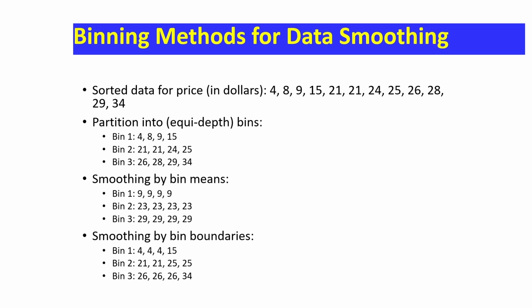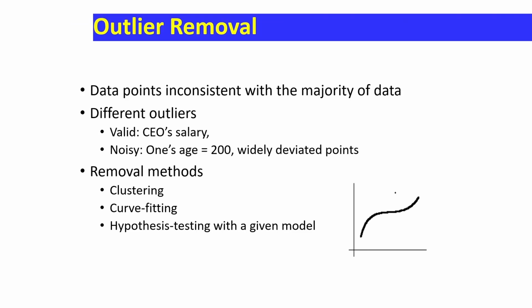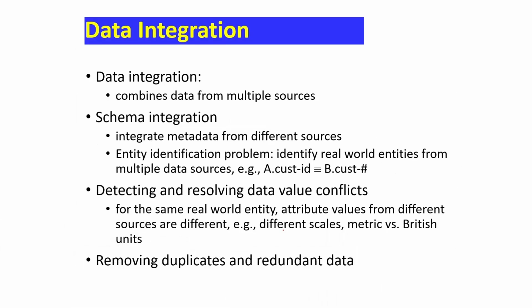So, you can partition equi-depth bins, smoothen the data using either bin means or by bin boundaries, this is possible. So, you can always remove the outliers by clustering, you can also do curve fitting, you can also do hypothesis testing also possible. And integration I talked about it.